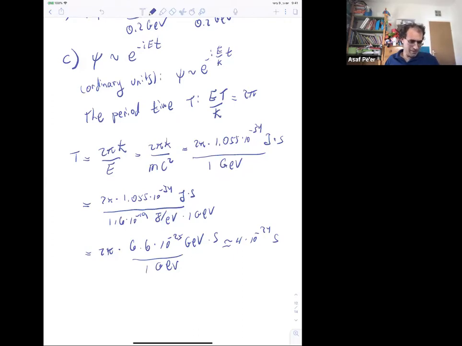This is in seconds, and you're right that in time it will be 1 over that. We need to divide by, okay, find out the relation in GeV. You're right. Thanks for pointing that out.